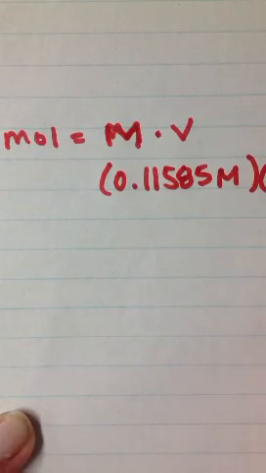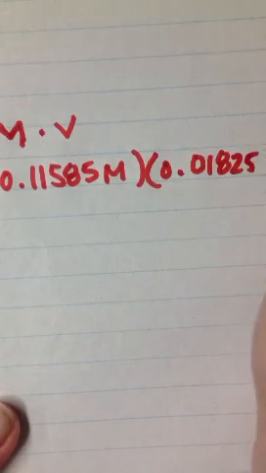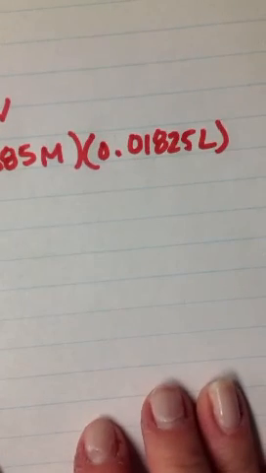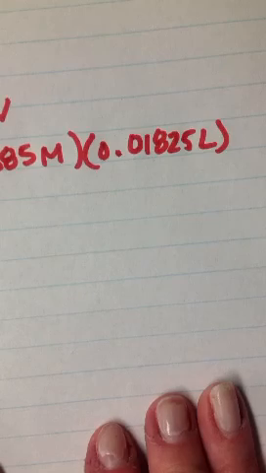And then the volume has to be in liters in order to get moles. So that's why I converted it. My volume is what I just calculated, 0.01825 liters, when I did my volume in milliliters divided by 1,000.